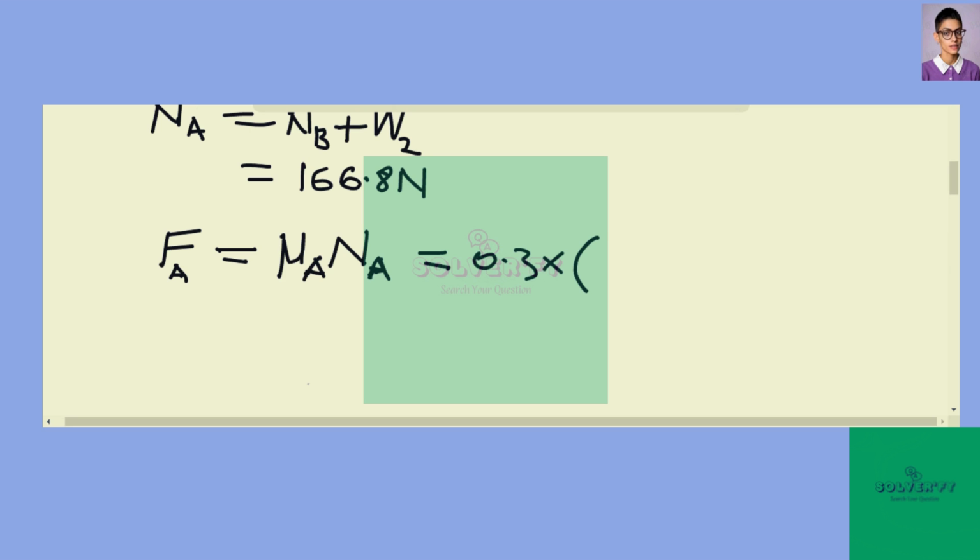When we put in the values, with 0.3 given, we arrive at FA equal to 50.04 Newton.